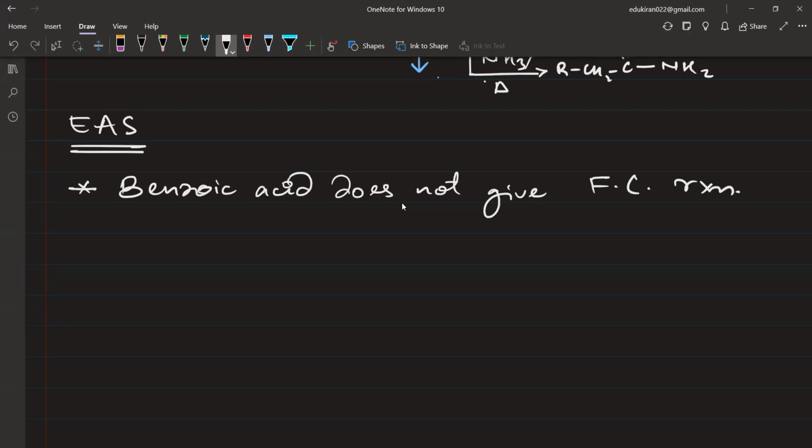Why does it not give Friedel-Crafts reaction? Please tell me. Because the catalyst itself starts reacting to form products.